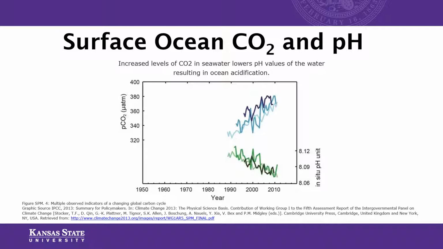If you look at the figure here that is provided by IPCC, the blue lines are ocean CO2. The green lines are pH. You can see one goes up, the other goes down. This changes the chemistry of our ocean and puts our oceans and marine ecosystems at great risk.